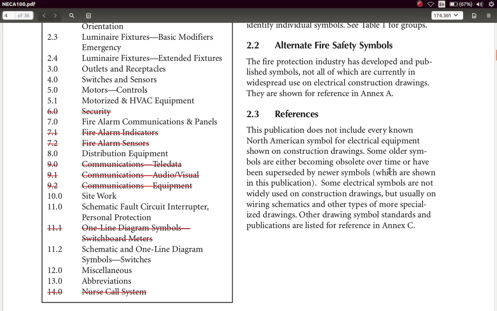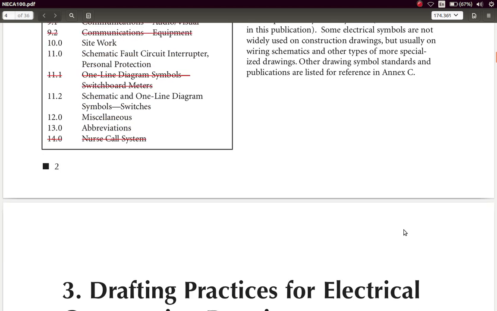Some electrical symbols are not widely used on construction drawings, but usually on wiring schematic and other types of more specialized drawings. Other drawing symbols, standards, and publications are listed for reference in Annex C.